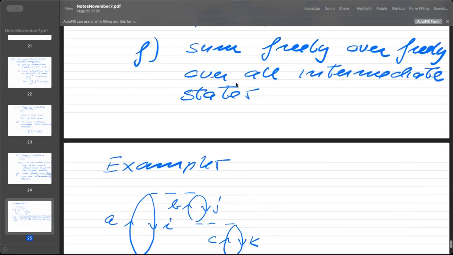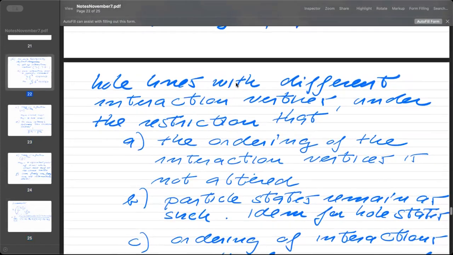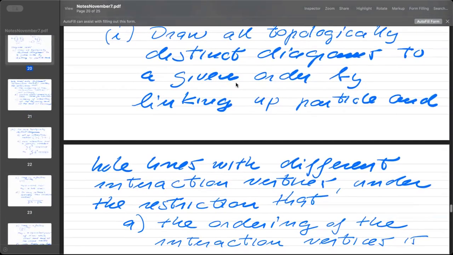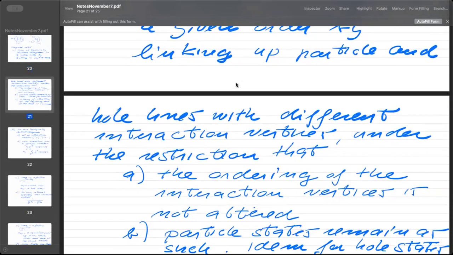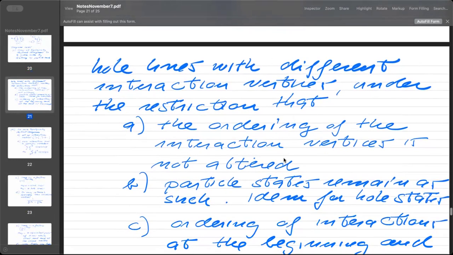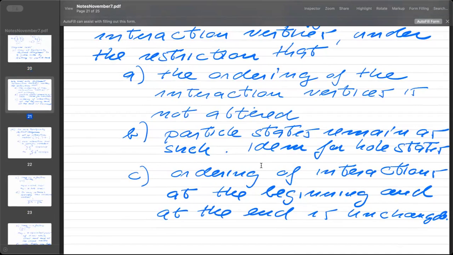Then the further constraints which we have when you draw up all topologically distinct diagrams is that particle lines and hole lines stay the same, which means that the contractions which we have performed are the same. So particle states remain as such, and same for hole states.